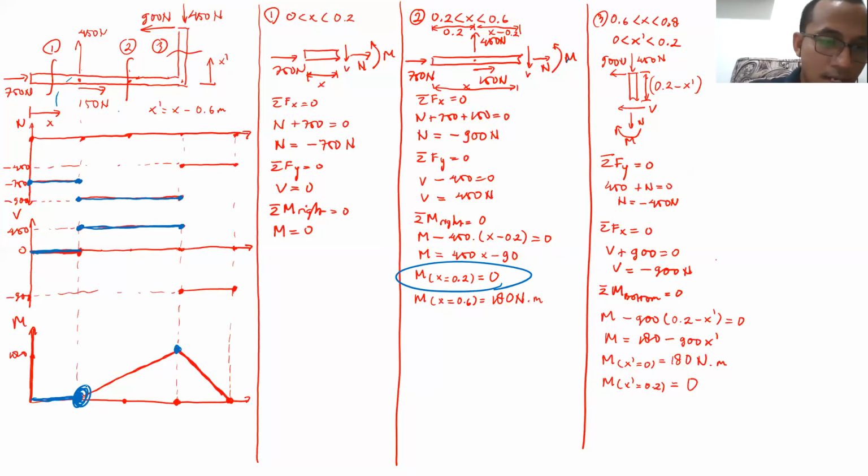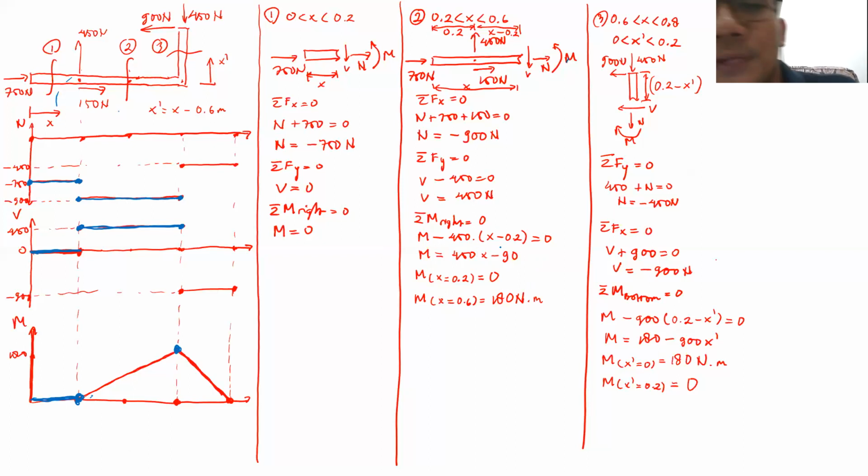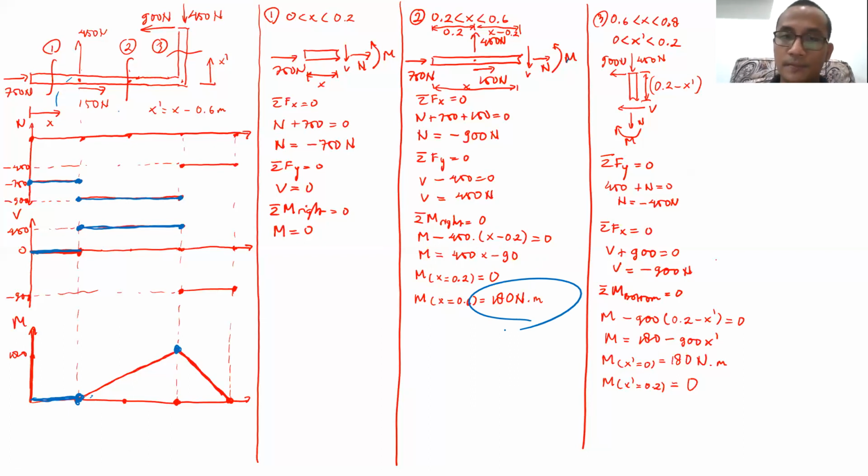Then at x equal to 0.6, I substitute the value of x equal to 0.6 here. 0.6 multiplied by 450 is 270. 270 minus 90, the value will be 180 Newton meters.